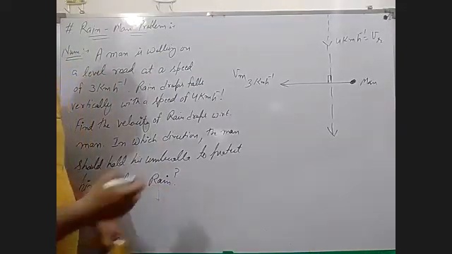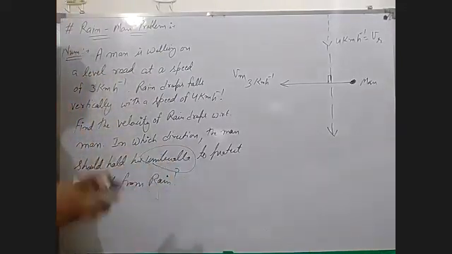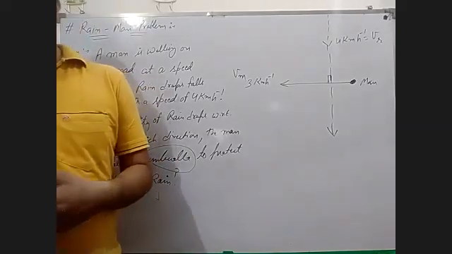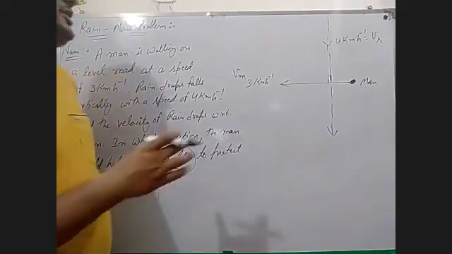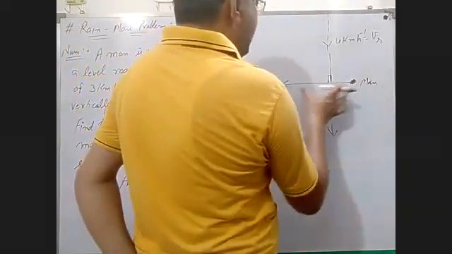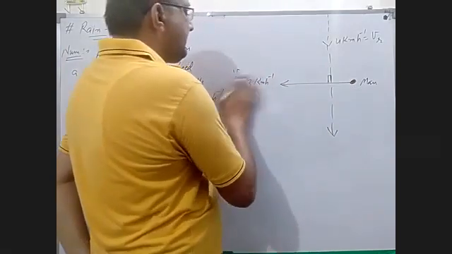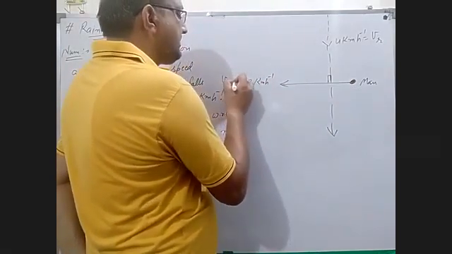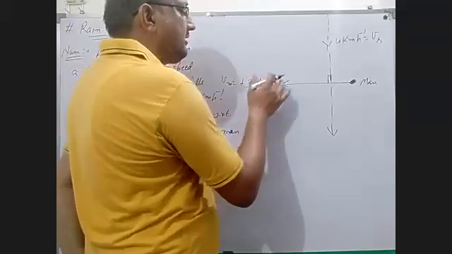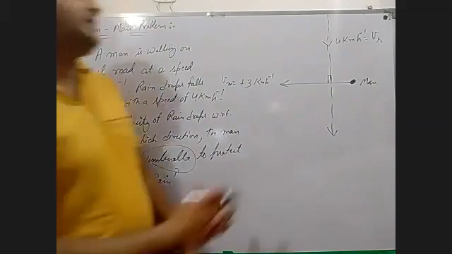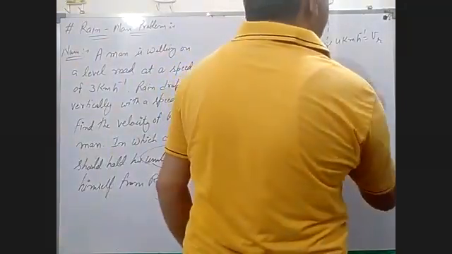In this type of question, the umbrella is held in the direction opposite to the rainfall. That's why you have to take the man velocity not in this direction: Vm is equal to plus 3 km per hour to minus 3 km per hour, but in this direction.